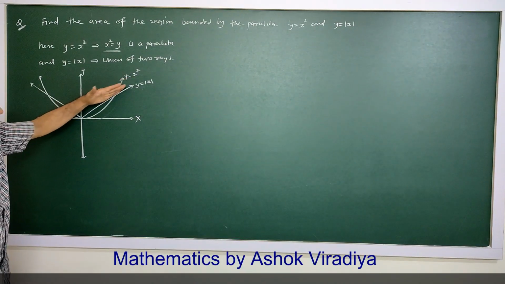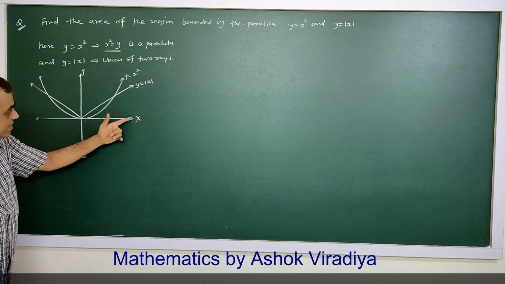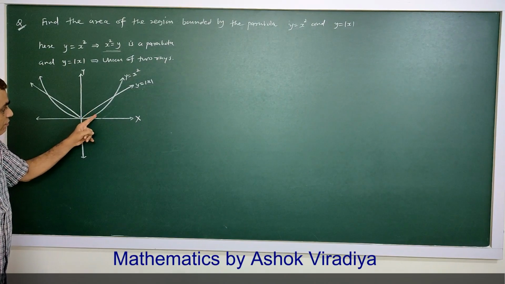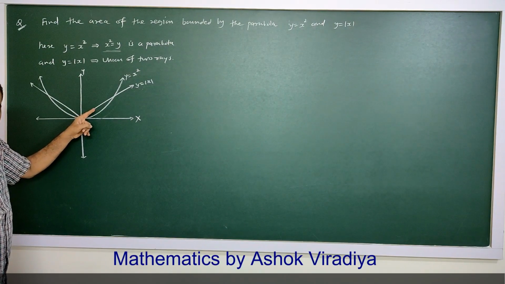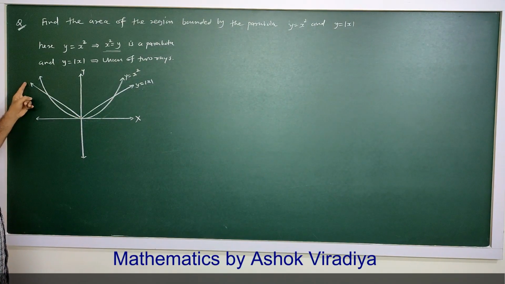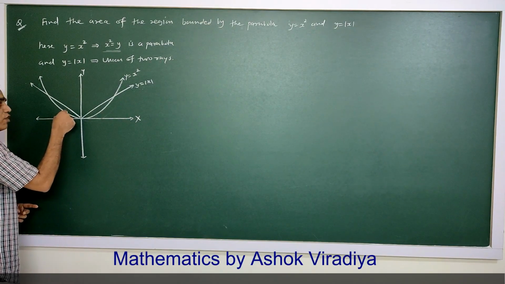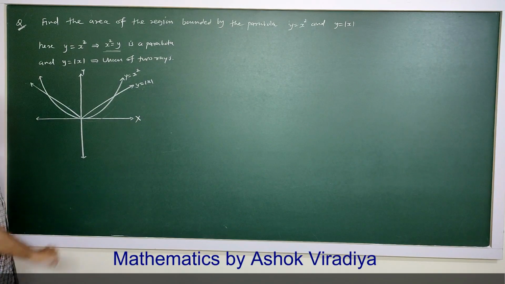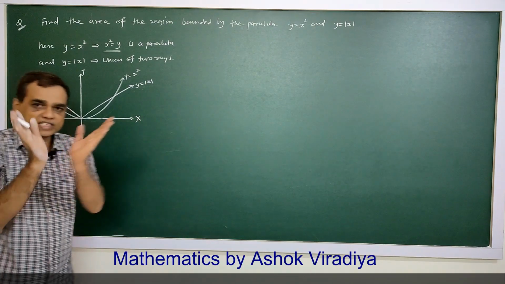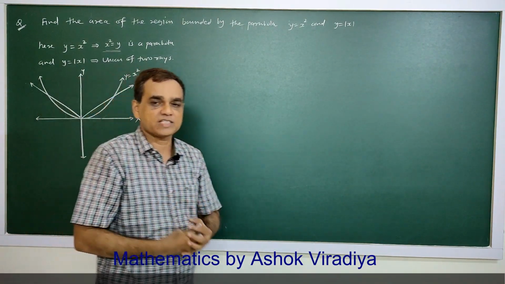This ray divides the first quadrant in two parts, 45 degree, 45 degree. Similarly, this ray divides the second quadrant in two congruent parts by angle 45 degree, 45 degree. So two rays, that is y equal to modulus x.